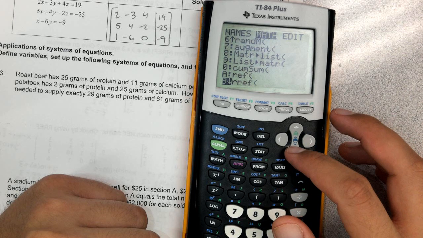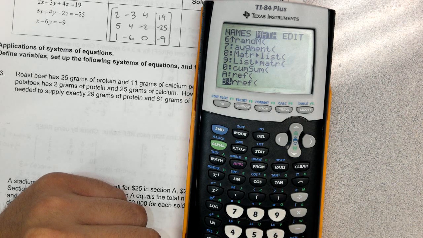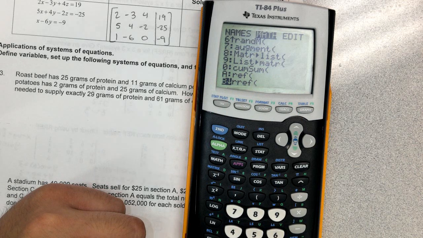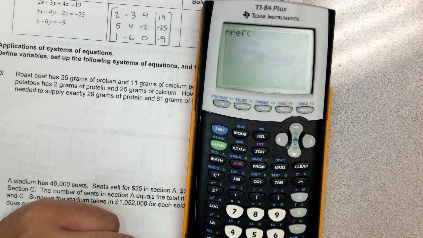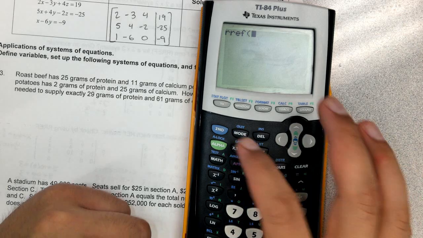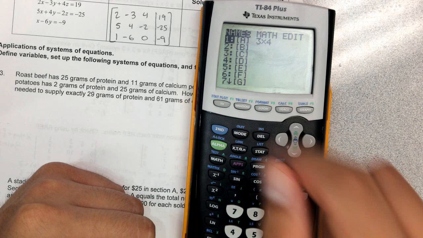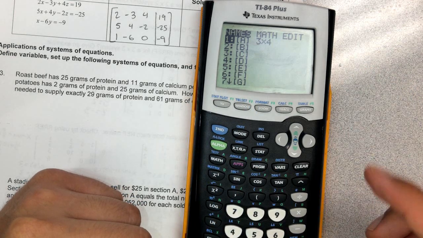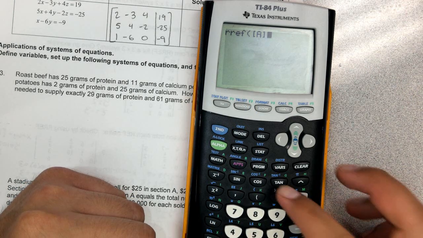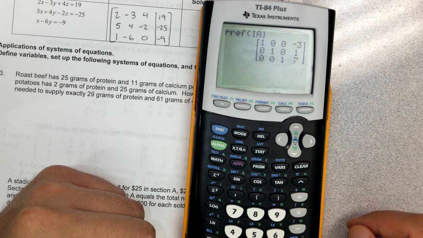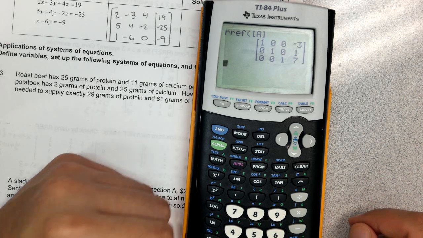Scroll down to where it says RREF, so the one with 2 R's. Hit enter. You should have RREF with an open parenthesis. Now go back to second matrix. Now we're in names and we're going to input matrix A. And then just hit enter, and then you get the matrix in reduced row echelon form.